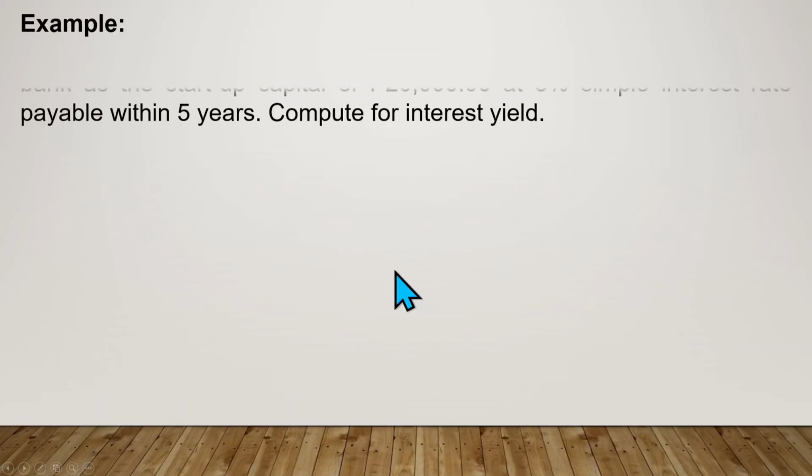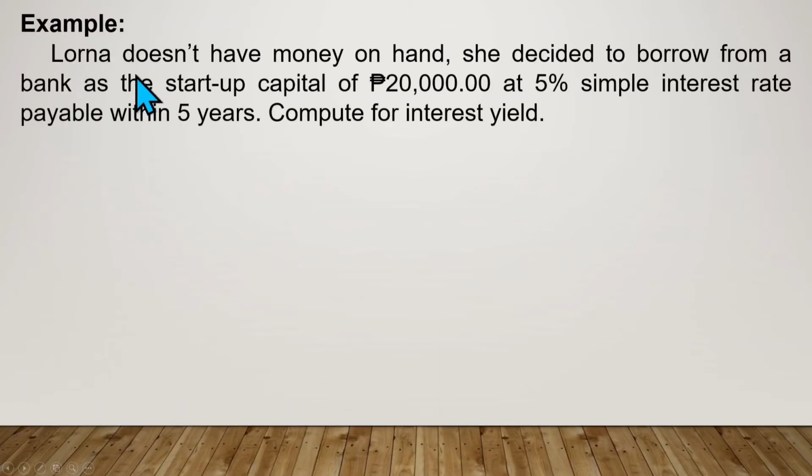We have an example. Lorna doesn't have money on hand. She decided to borrow from a bank as the startup capital 20,000 pesos at 5% simple interest rate, payable within 5 years.